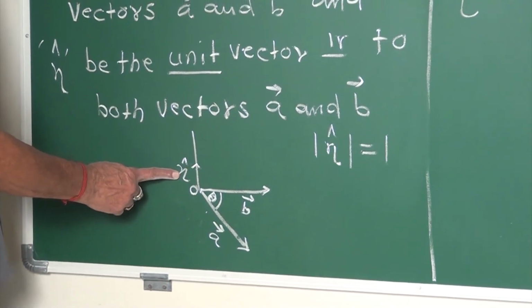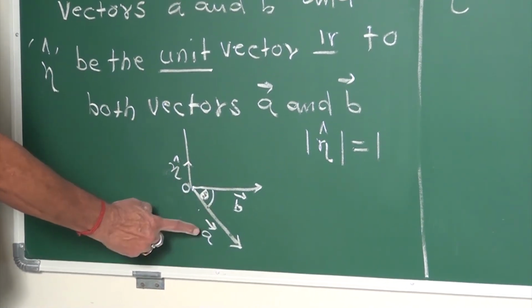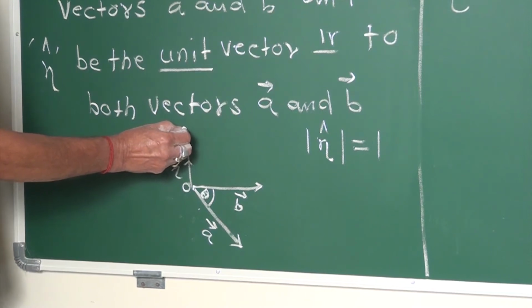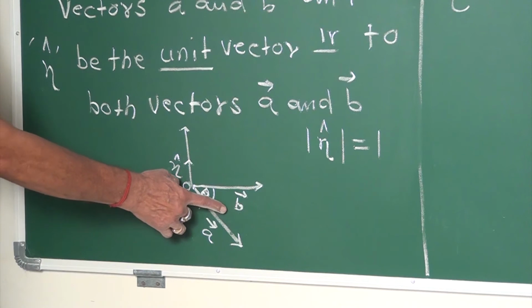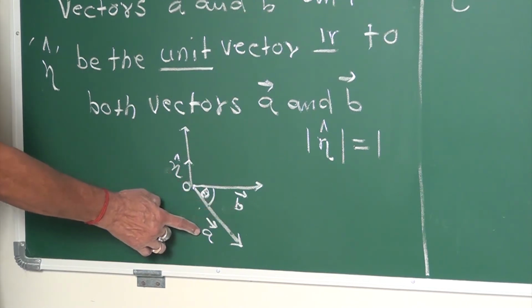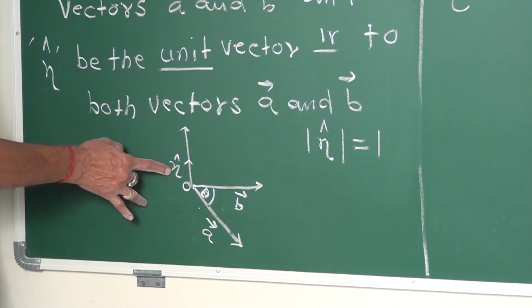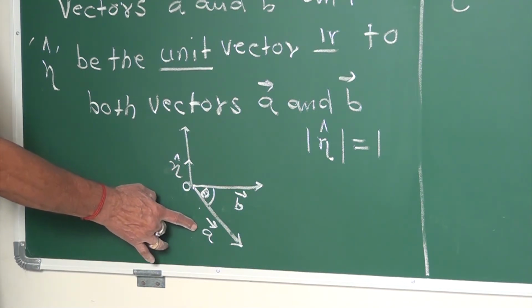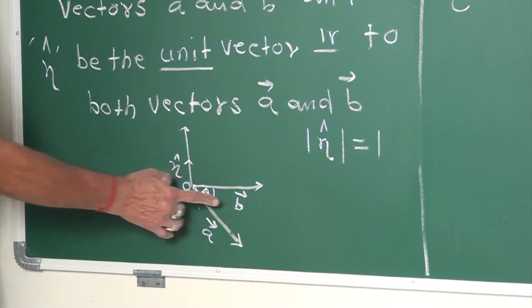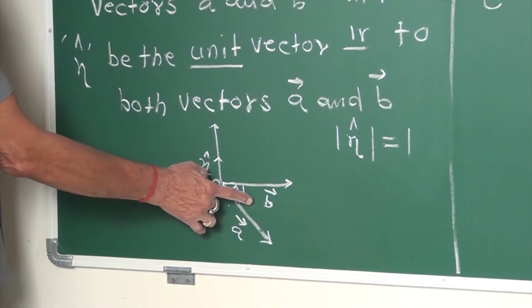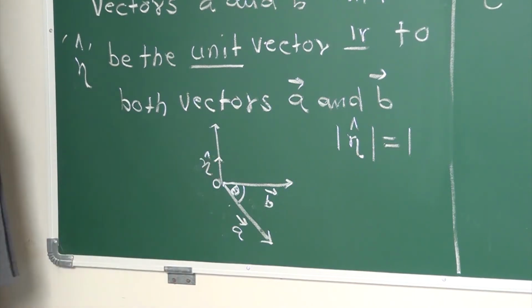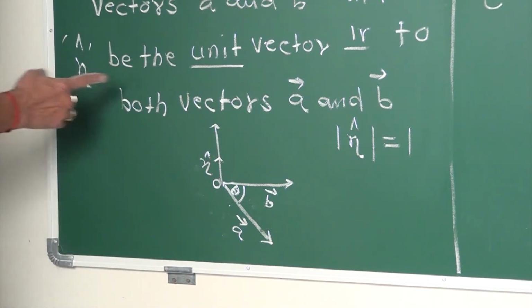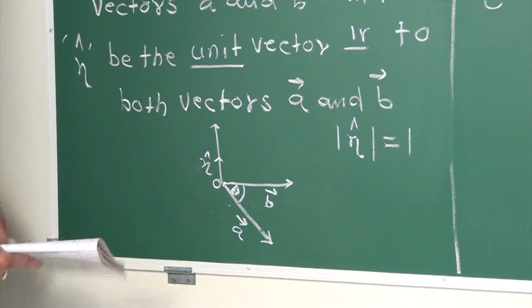It is in the direction perpendicular to both vectors A and B, which is the same as the direction perpendicular to the plane containing the vectors A and B. As it is a unit vector, its magnitude is 1.